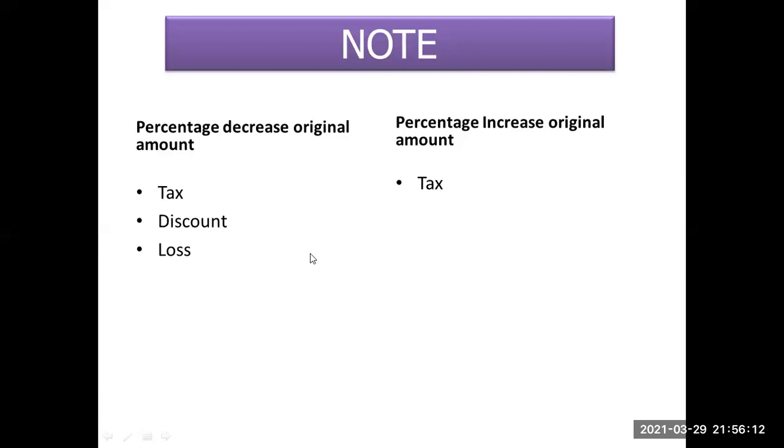However, if tax is deducted or being taken from, let's say, your salary, it's going to result in a decrease in the original amount. So these are two cases where taxes can increase the amount and decrease the amount.